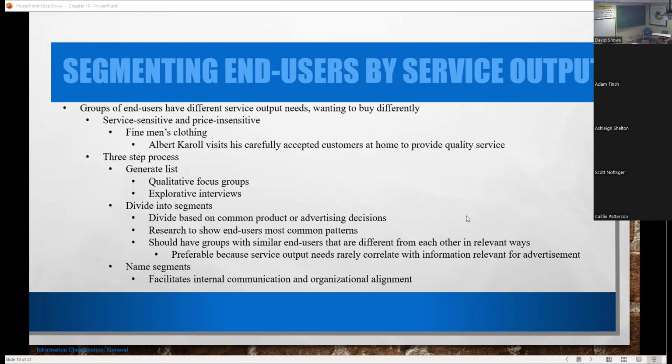Now, when we talk about defining them into segments by service outputs, we're not necessarily saying that we're looking for individuals who are doing information search, or individuals who need spatial convenience, because the way we're going to hear that information is by asking specific questions, and we're going to have to translate what those individuals are asking for into one of the 6 service outputs.